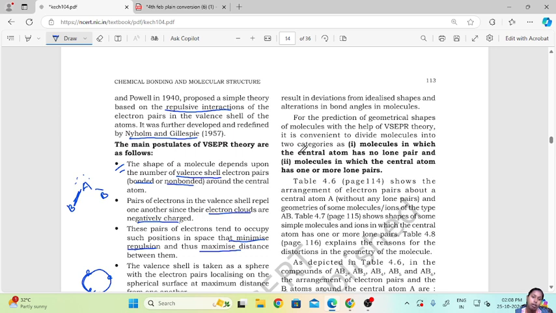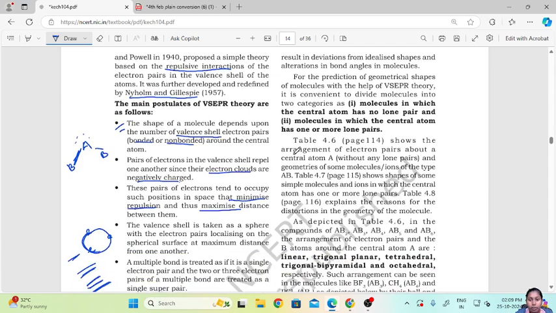The first category is molecules with no lone pairs on the central atom. There won't be any lone pair on the central atom. And the second category is molecules in which the central atom has one or more lone pairs associated with it.